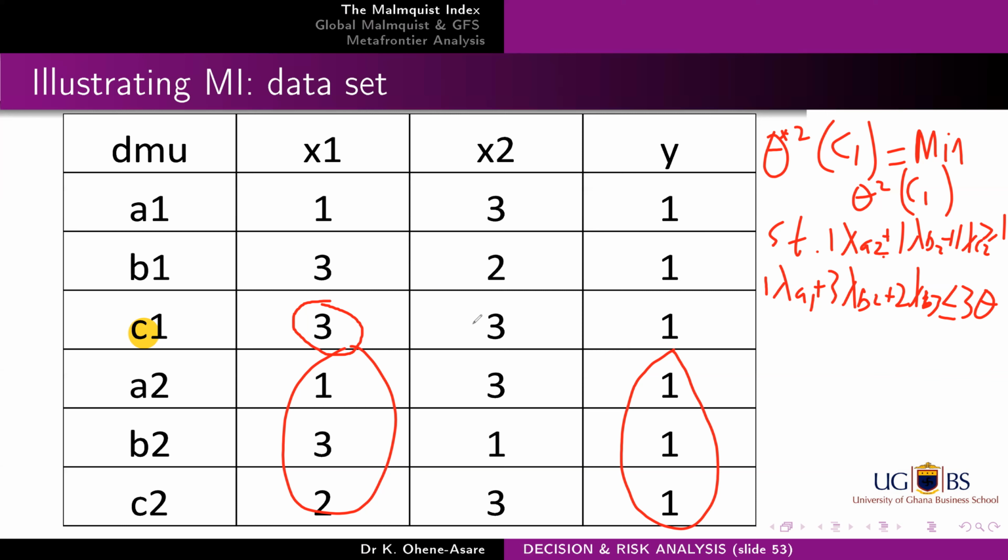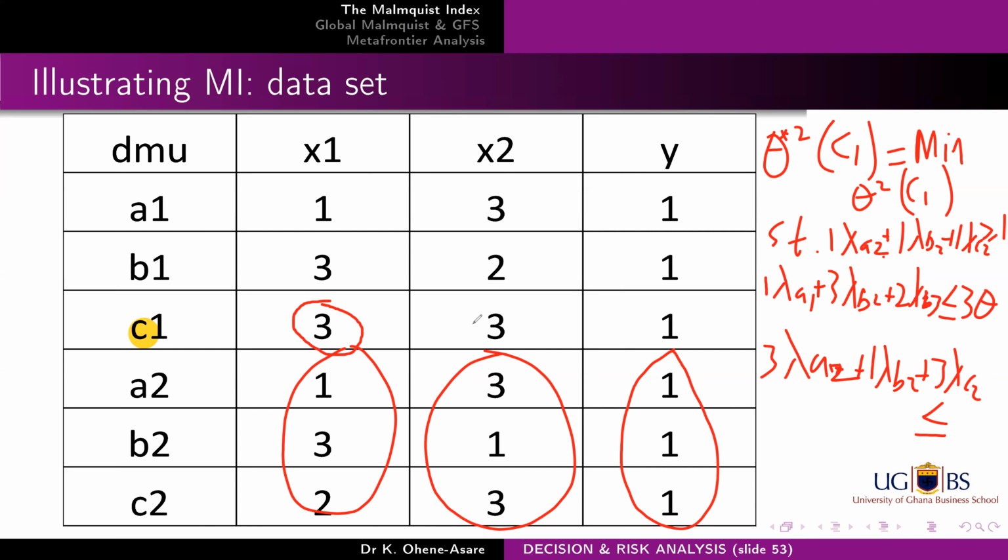Now, the next one will be to formulate the constraint for X2 in year 2. That will give you 3 lambda A2 plus 1 lambda B2 plus 3 lambda C2, less or equal to that very input under consideration.